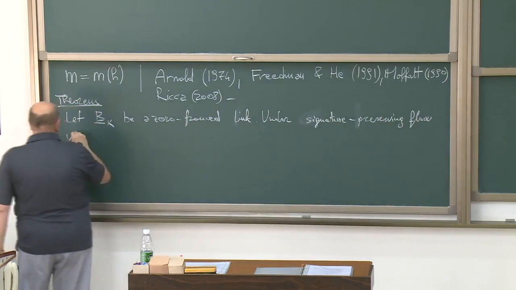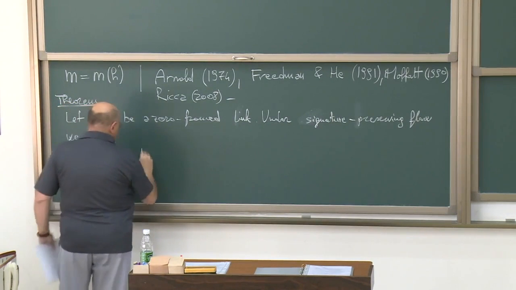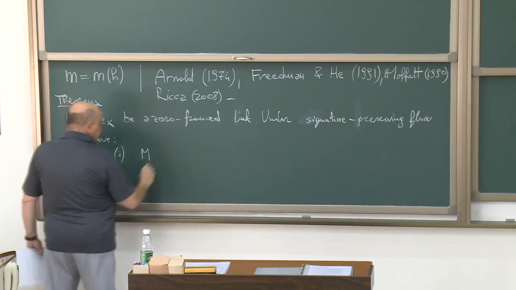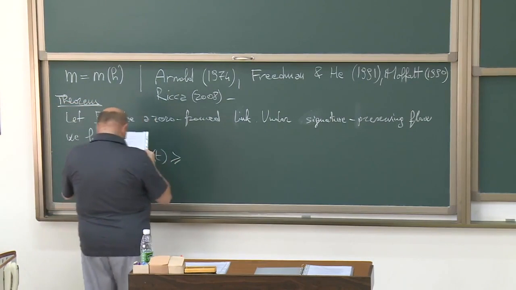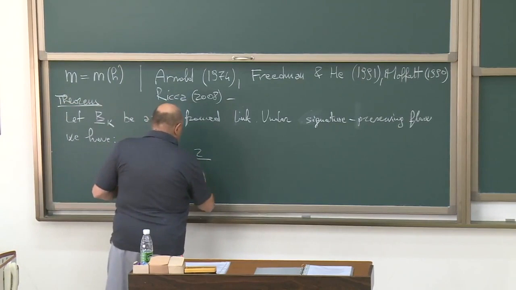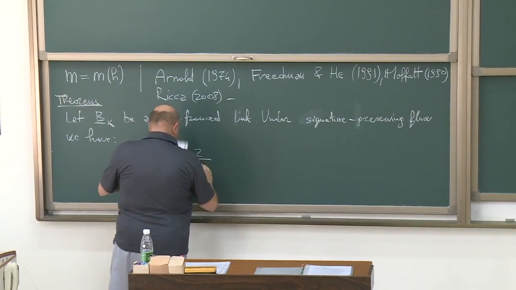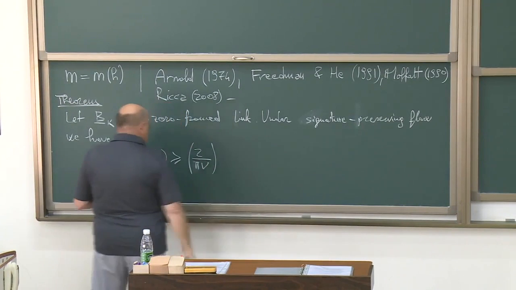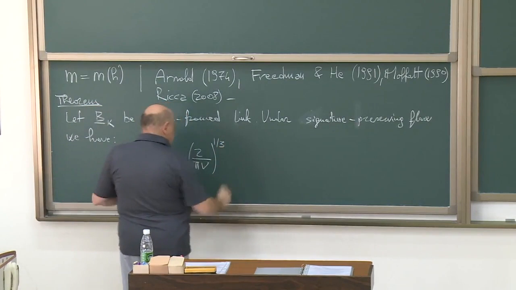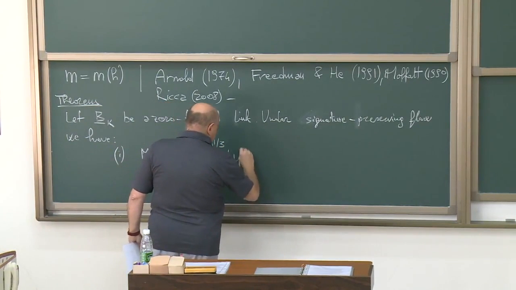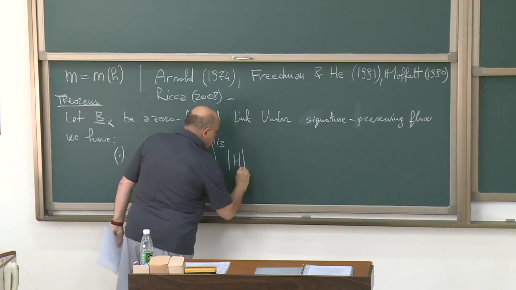We have the following. In general, first is that magnetic energy M of T is greater or equal to Q divided by pi, a constant, and the volume, this is a constant, the volume is conserved, to one third times the helicity, magnetic helicity of the field, of the system.